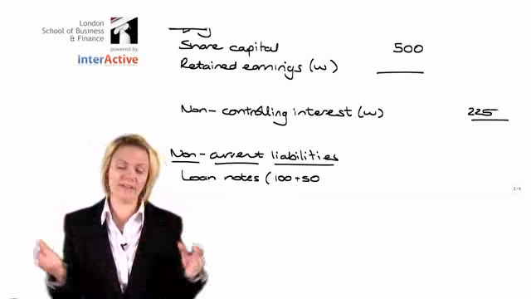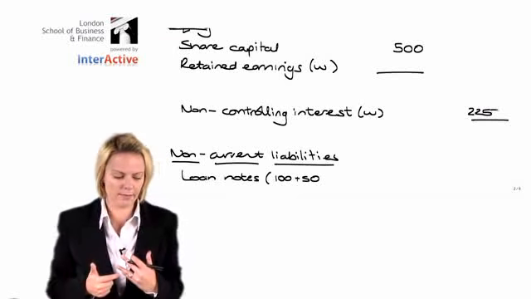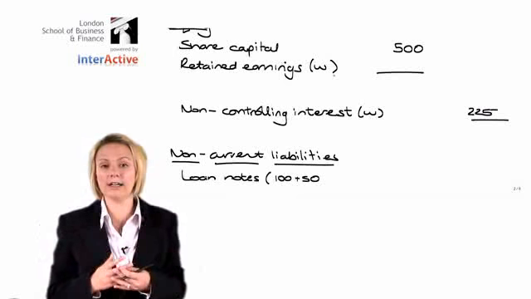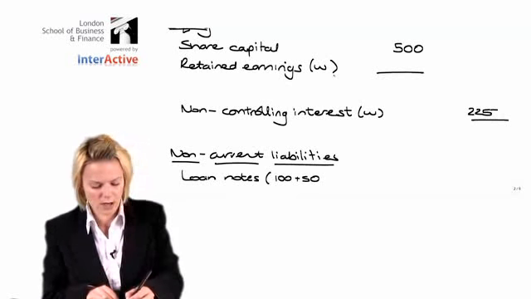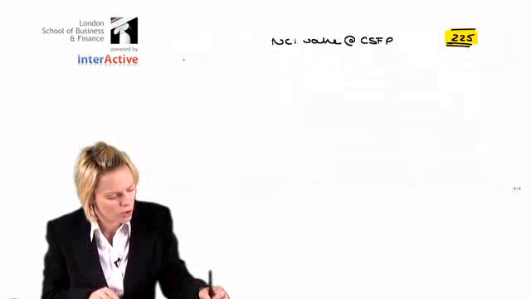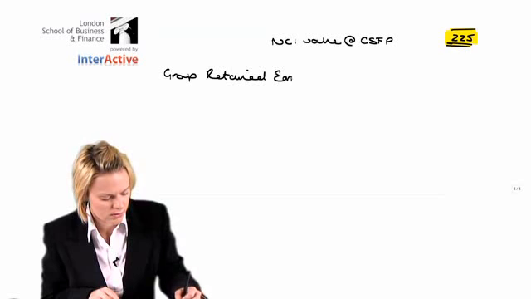The parent owns all of itself plus 75% of the subsidiary. And that's really what we're trying to reflect in our final working, group retained earnings, or group reserves if you like.